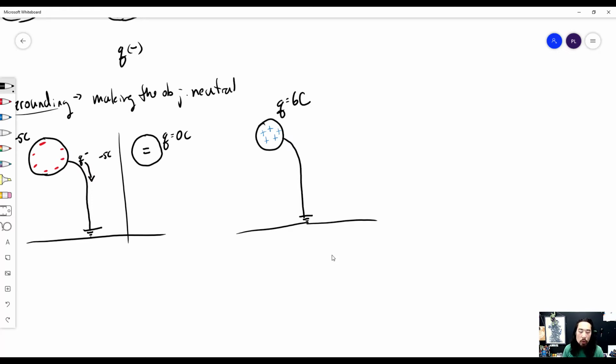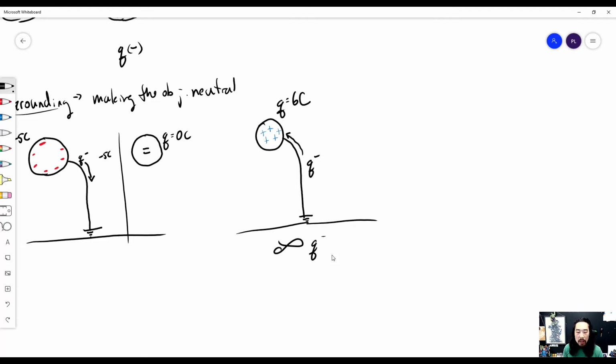So in order to make this system 0 coulombs, we have an infinite amount of negative charges here, so we can draw from it. So what's going to happen is that the ground will be a transport for these negative charges. These negative charges will go up and into the positive object.